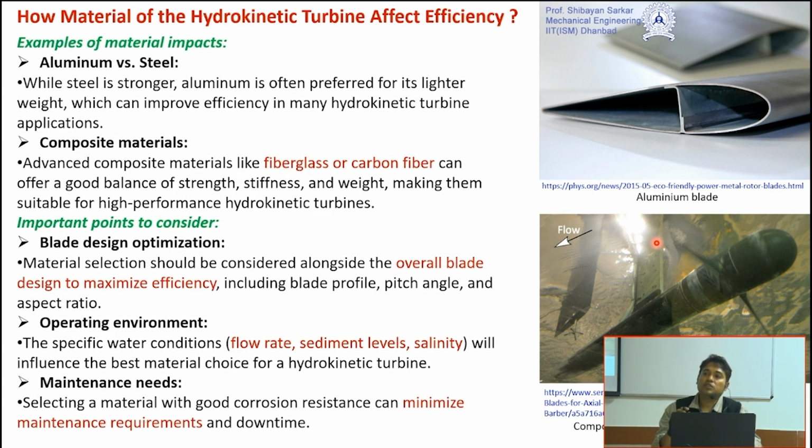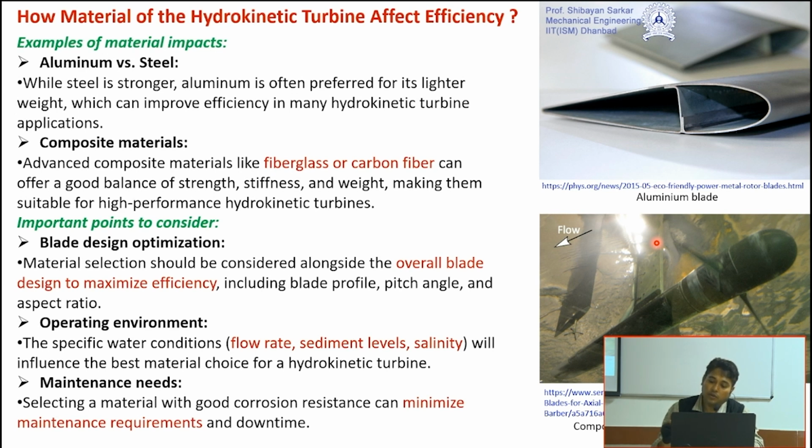Correspondingly, you will be selecting your material also. For this particular amount, you will be designing your turbine, and correspondingly you will be selecting your material to withstand that amount of load. If your design is somehow on the lower side, it will break.